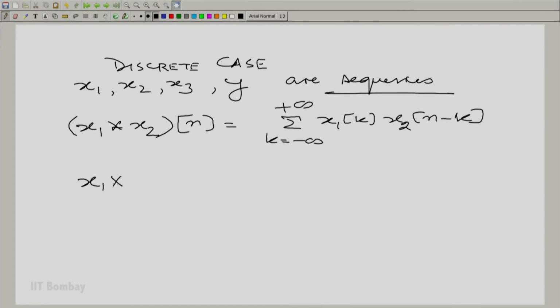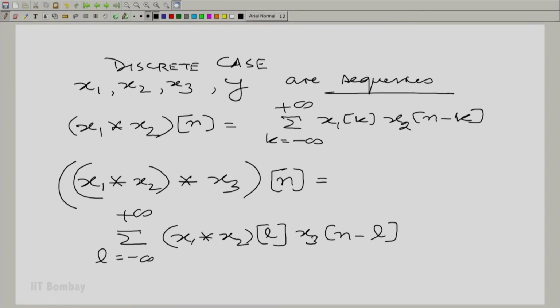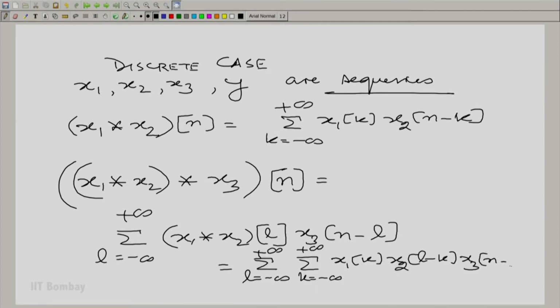Now, x1 convolved with x2 and then convolved with x3, all this evaluated at n, is essentially summation L going from minus to plus infinity x1 convolved with x2 evaluated at L multiplied by x3 evaluated at n minus L, and we can expand this. This is the expansion, and now we need to make a change of variable. But to make that change of variable, we must first see where we want to go.